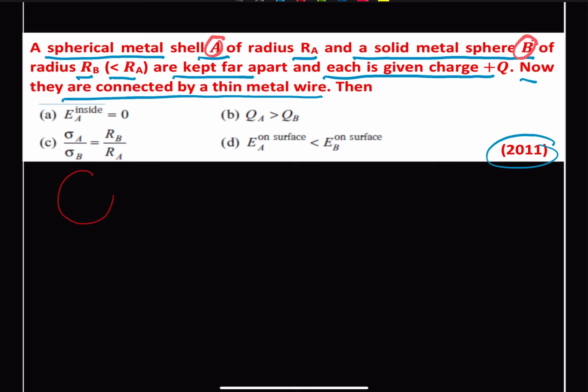This is shell A, radius RA, and charge is given to it as plus Q. Then we have a sphere B, this is our radius RB, and a charge is also given as plus Q. And then both are connected through a wire.